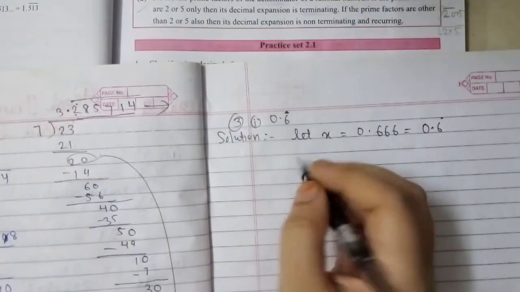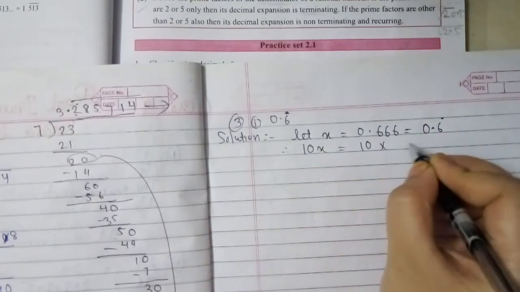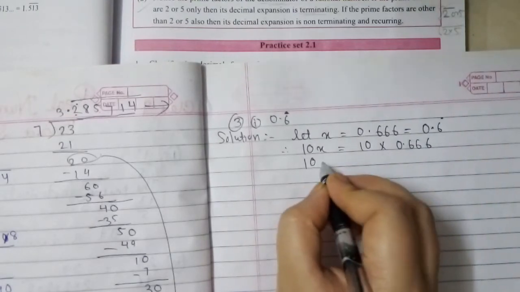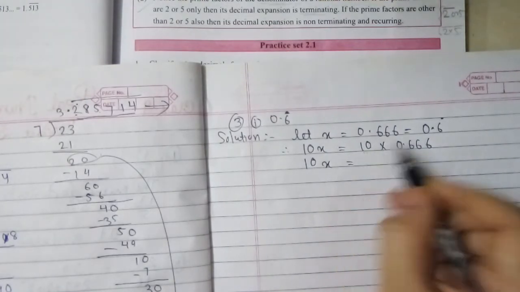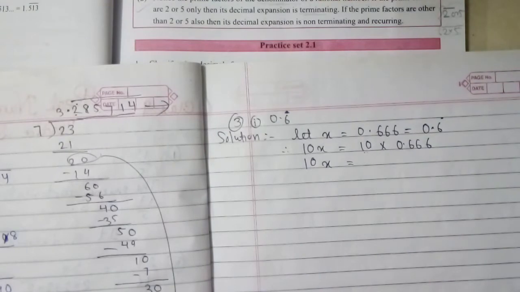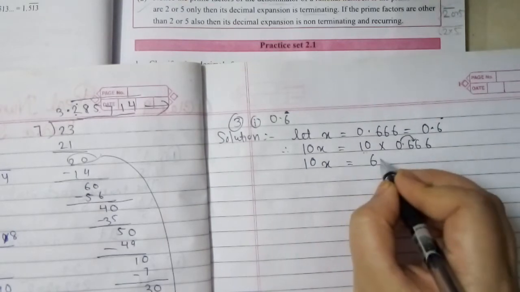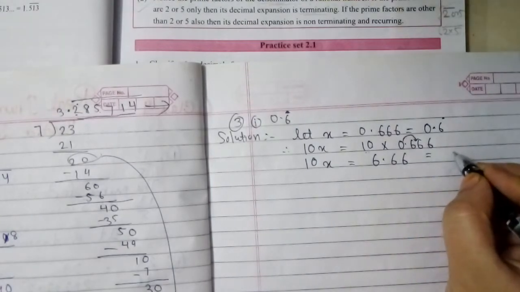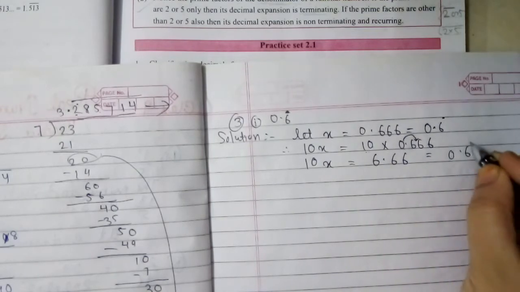So let's multiply this by 10. 10x equals 10 multiplied by 0.666. Since we are multiplying by 10, the decimal will shift after one digit, so it becomes 6.66, which is 6.6 bar.